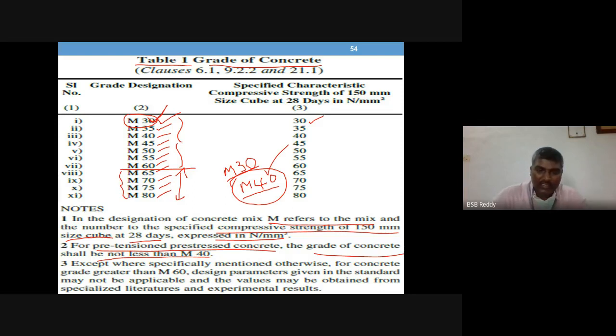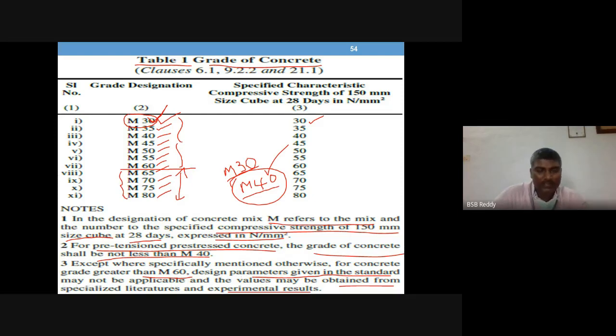Okay, right. So come to the third note given. Except where specifically mentioned otherwise, for concrete grades greater than M60, the design parameters given in the particular standard may not be applicable. The values may be obtained from specialized literature and experimental results.